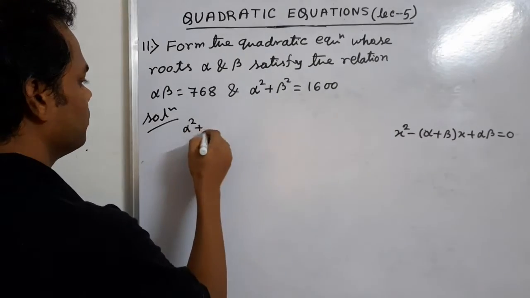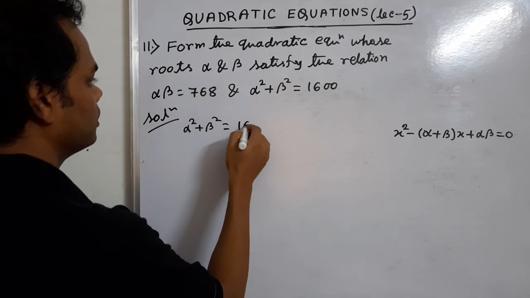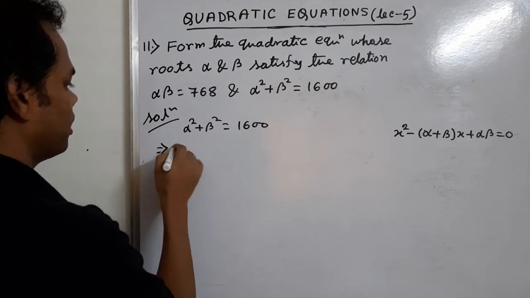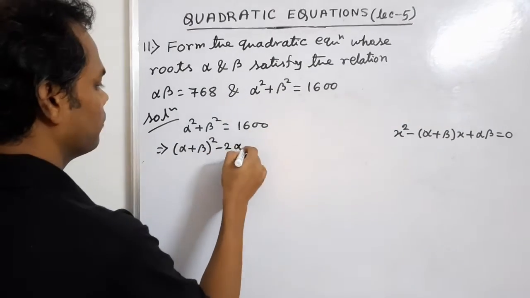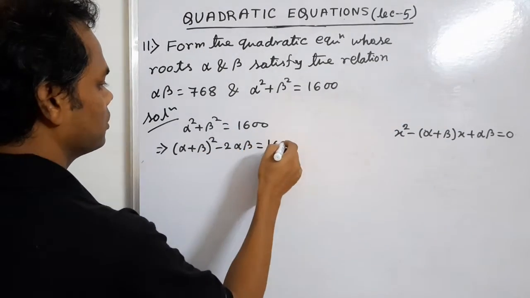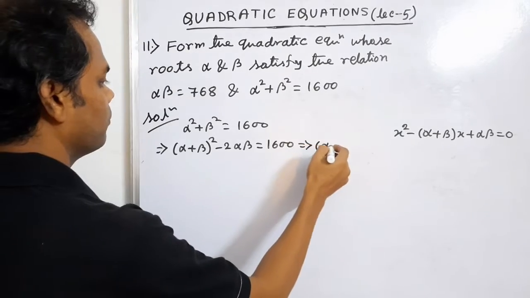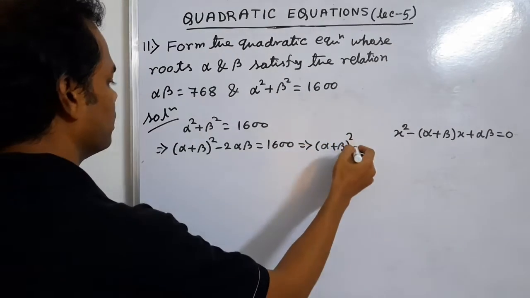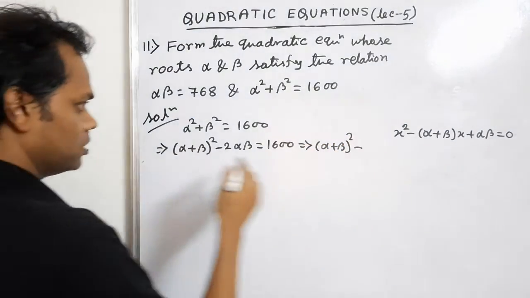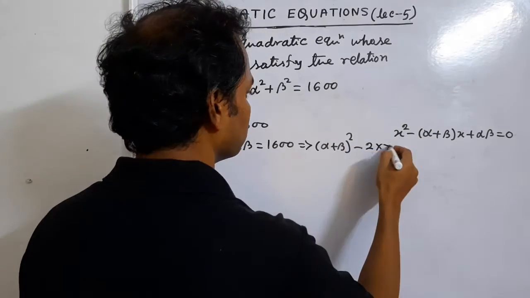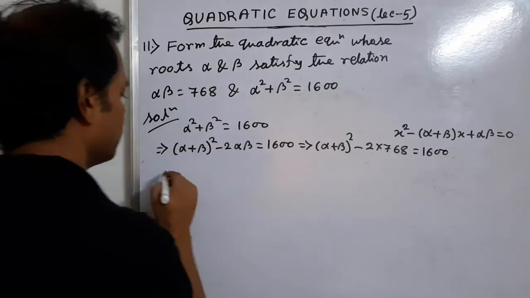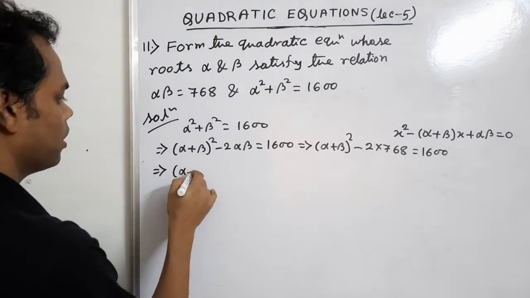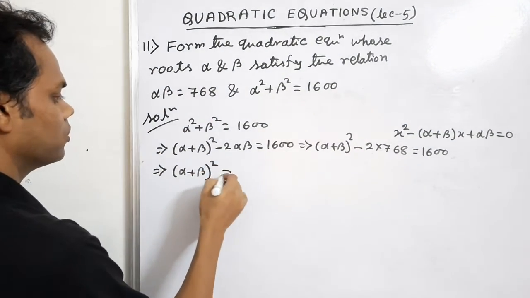So alpha square plus beta square equals 1600, and that can be written as (alpha plus beta) whole square minus 2 alpha beta equal to 1600, and (alpha plus beta) whole square minus 2 into 768 equals 1600.